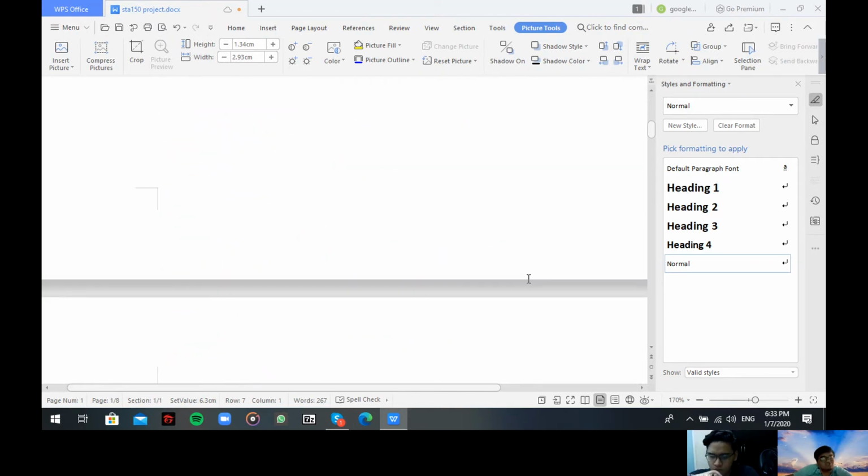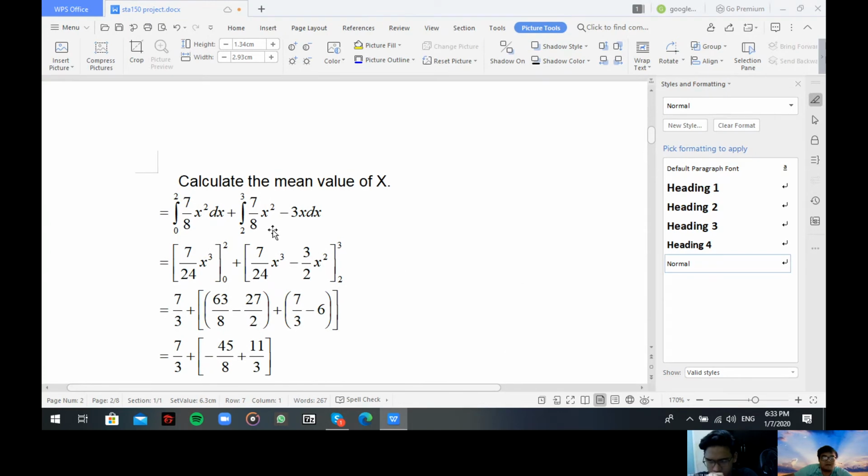So I just multiply the 7 over 8 x with x, you will get 7 over 8 x squared, and 7 over 8 (x minus 3) will multiply with x, you will get 7 over 8 (x squared minus 3x) dx.